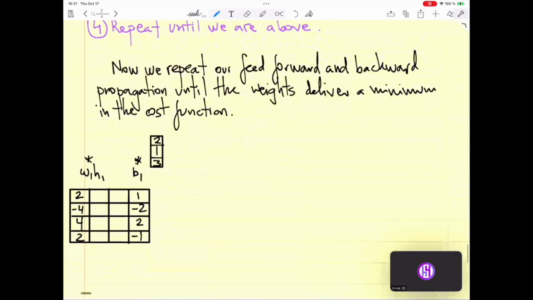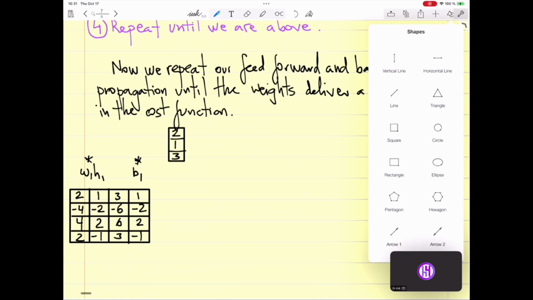Then 1 minus 2, 2 minus 1, 3 minus 6, 6, 3. Okay. Two, 1, 3.